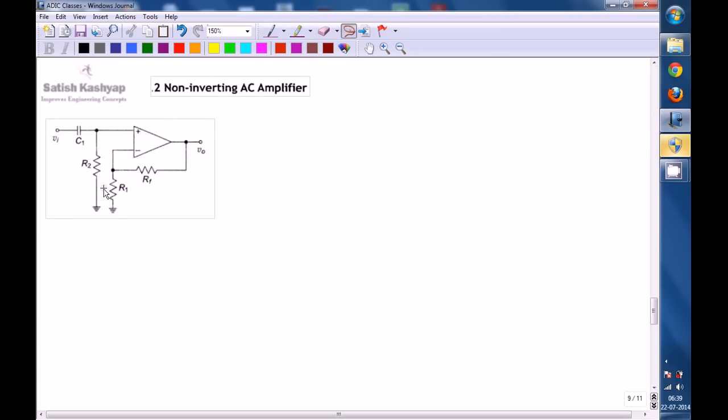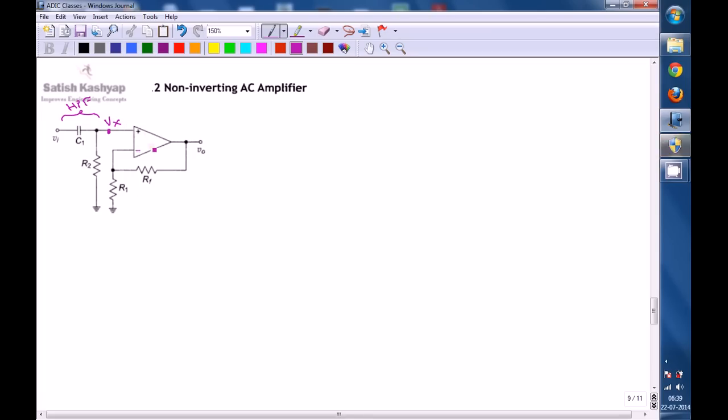So this is the circuit diagram. Here, the output of the high pass filter should be connected to the input of the non-inverting op amp. The input of the non-inverting op amp is this one, for example Vx. It acts as a high pass filter, and the output of the high pass filter, which is Vx, is going to be connected to the non-inverting terminal.